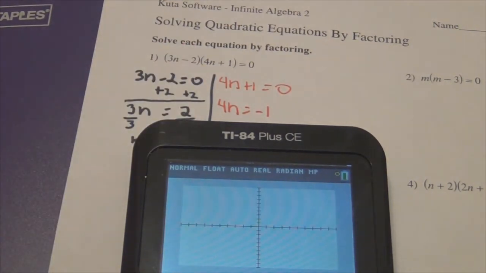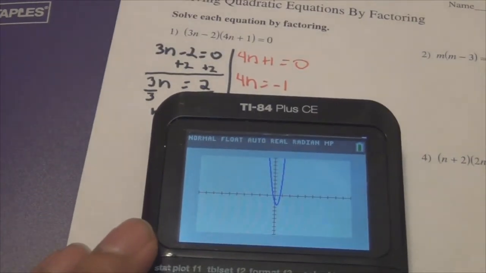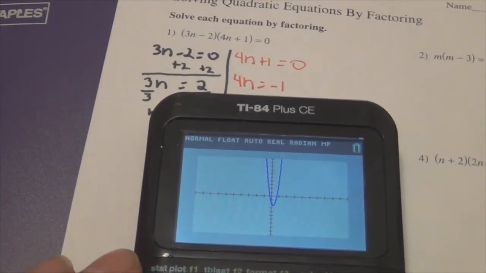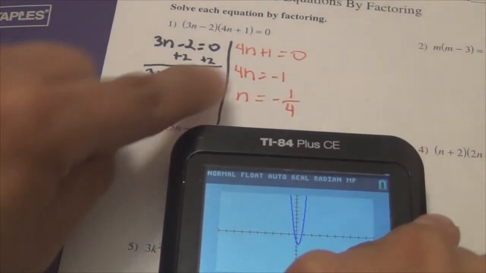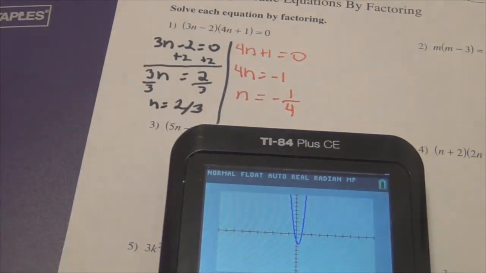What do you think the shape is going to be? Of course, you saw the shape, right? It's a parabola. And now let's study the parabola a little more. 2/3 and negative 1/4.